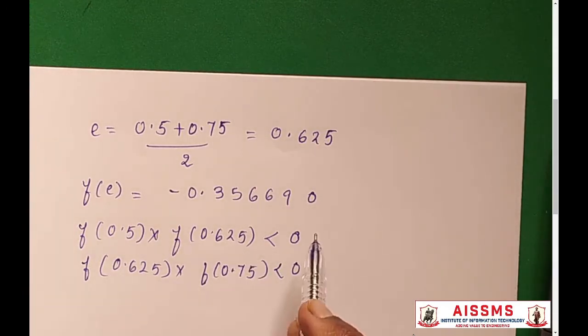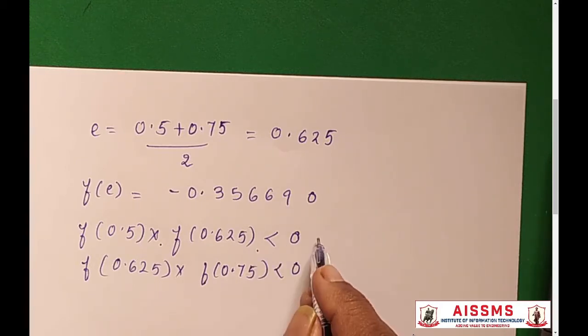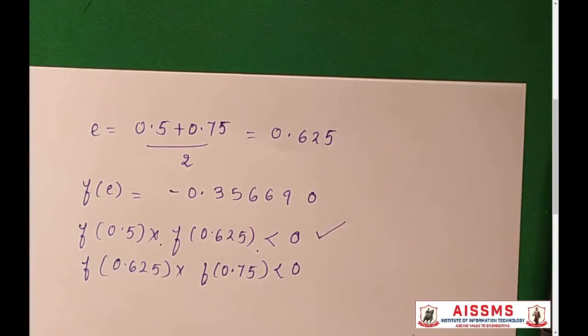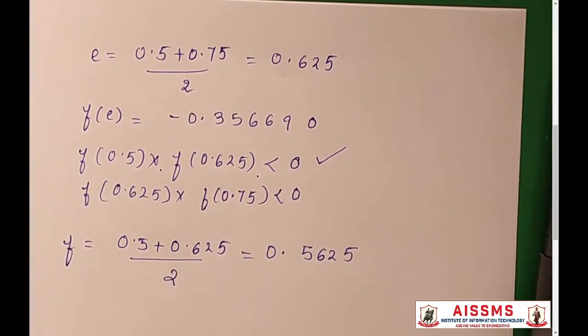F of 0.5 is positive, f of 0.625 is negative. So root is going to lie in this interval. Right? So you will find the next approximation to the root as F is equal to 0.5 plus 0.625 divided by 2, which comes out to be 0.5625.